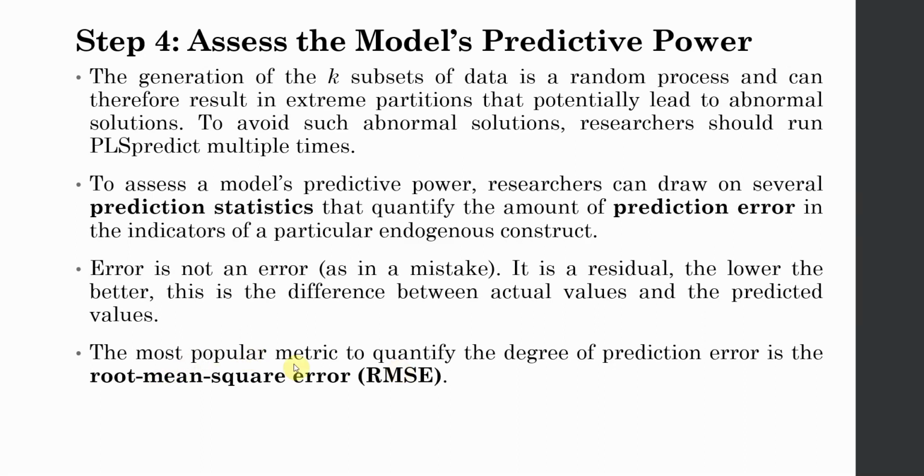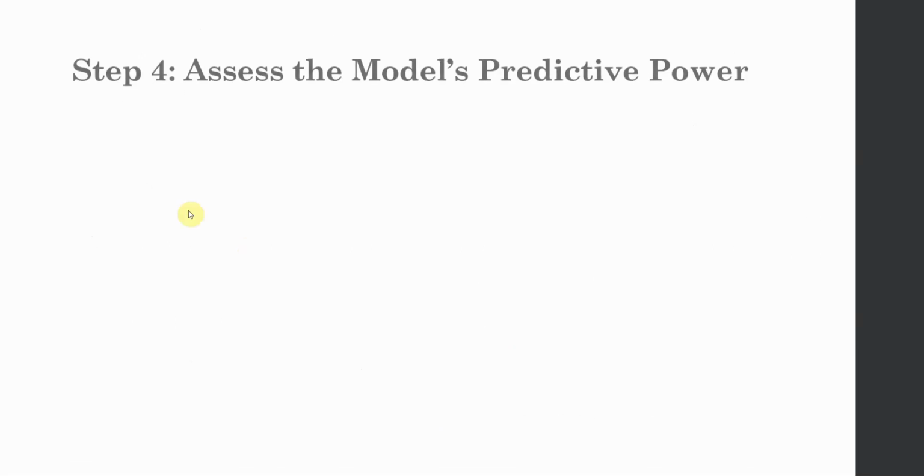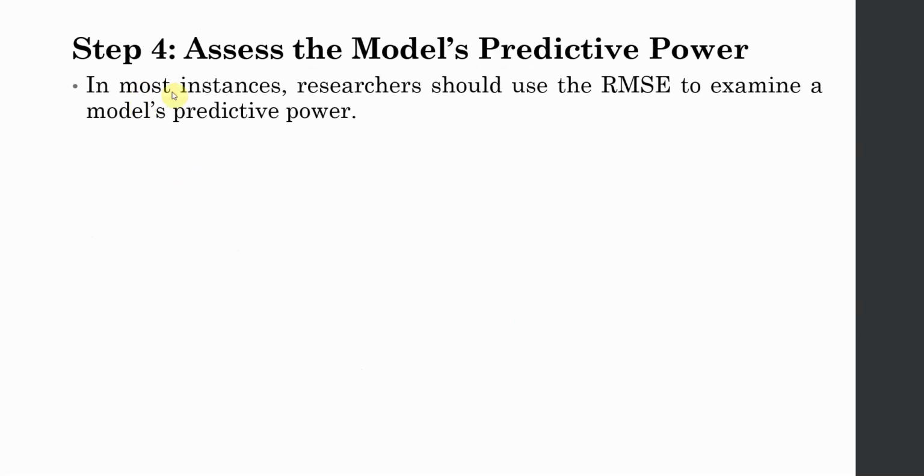Now, the most popular metric to quantify the degree of prediction error is root mean square error, RMSE. We have used this in AMOS as well, and in SmartPLS now we are going to use it. Another one is MAE, mean absolute error. Which one to use? In most instances, a researcher should use RMSE.